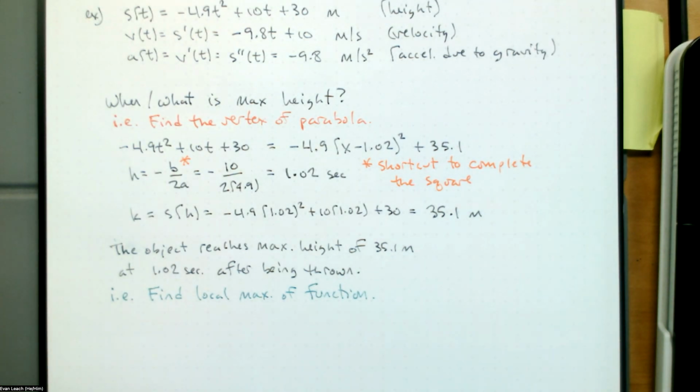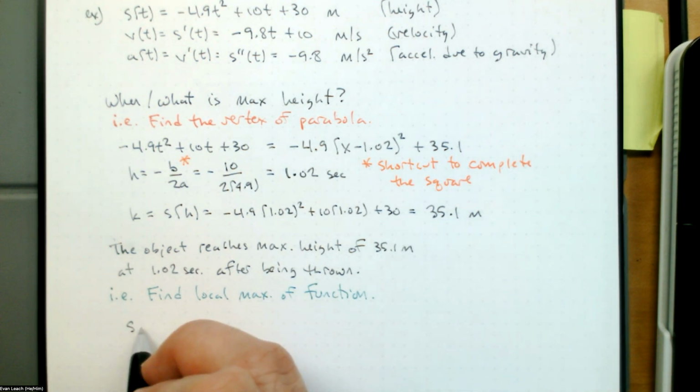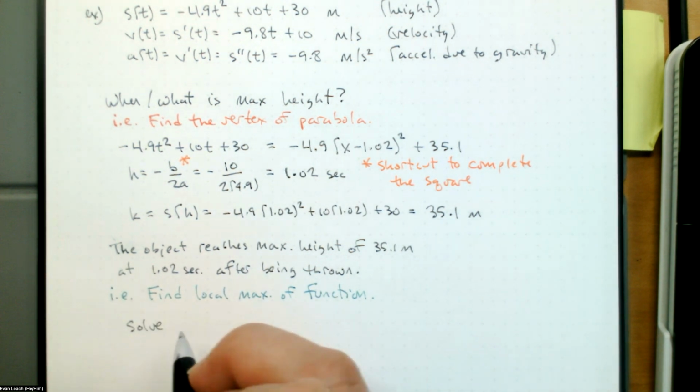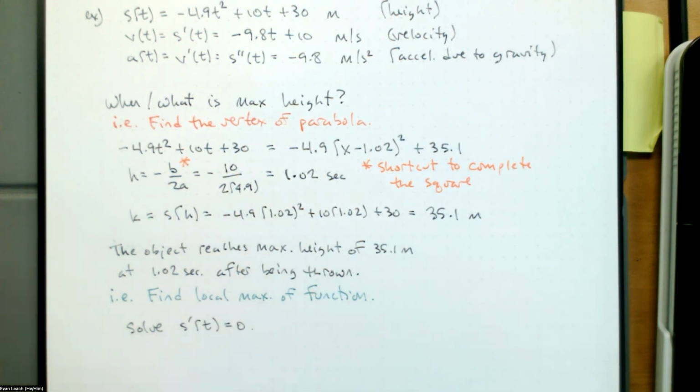So the problem changes in how we think about it. Rather than just thinking of the function, we think about taking the derivative, setting it equal to 0, and then solving. So we're going to solve s prime of t equals 0.